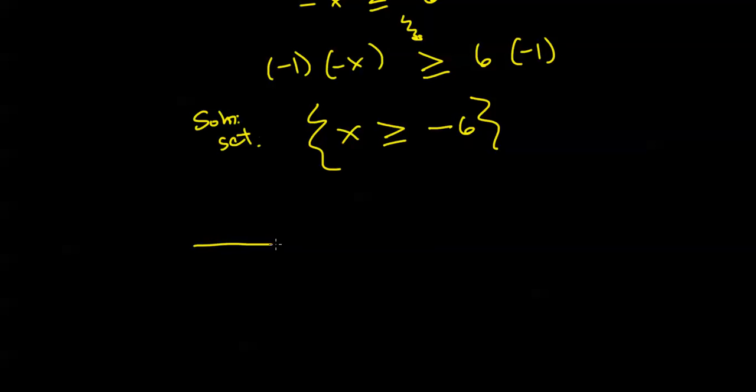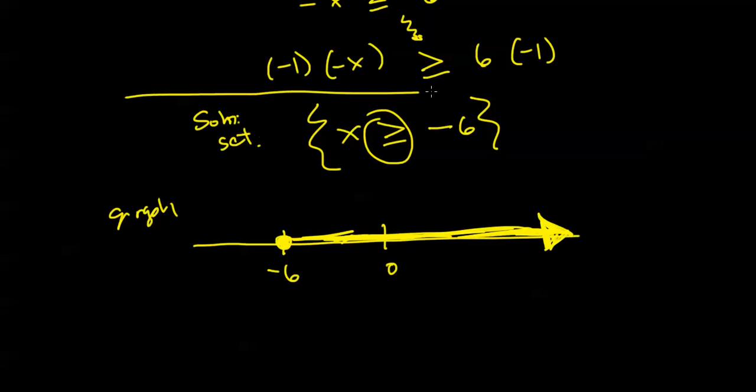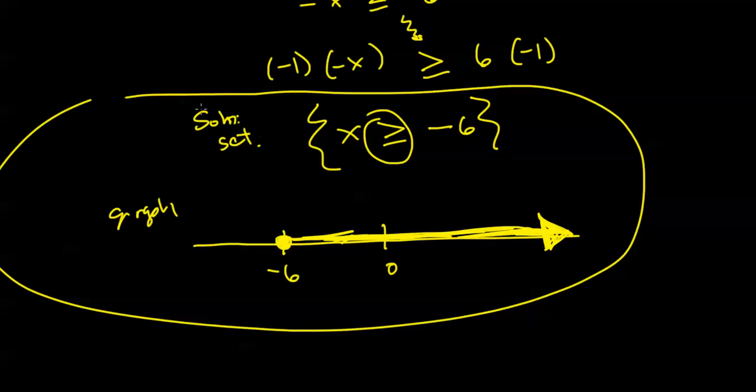And here is my graph. I want greater than or equal to minus 6. That means closed circle. Minus 6 is included in this solution set. Shade in everything to the right. And there's my graph. Solution set and graph. Okay?